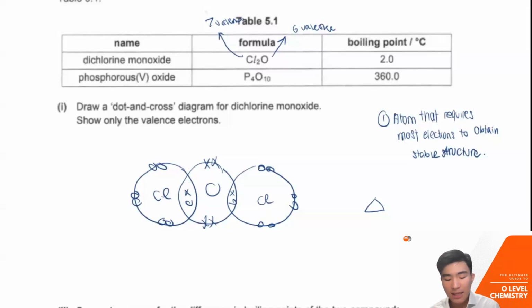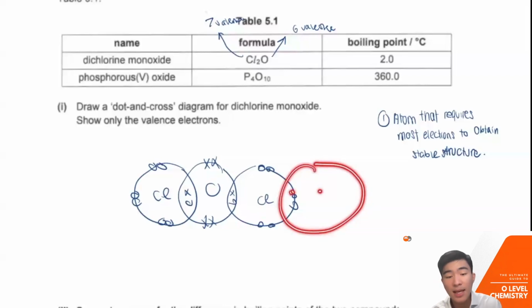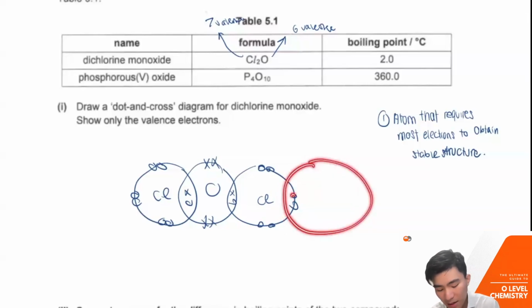Now if it happens that there are 3 different elements that you need to draw, and you repeat the dot and cross, what is the key? The key is you need to alternate. That means if this is bonded to something else, then you alternate between the dot and the cross. For example, if chlorine is a dot, then the next atom should be a cross.